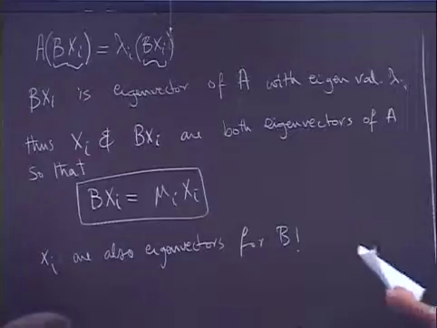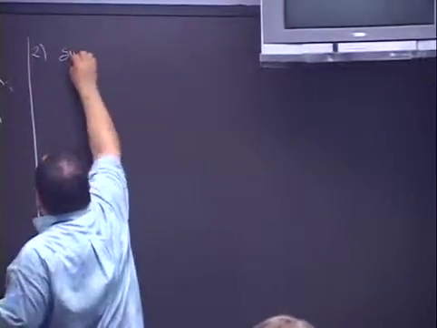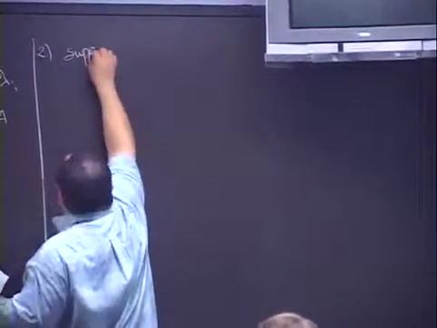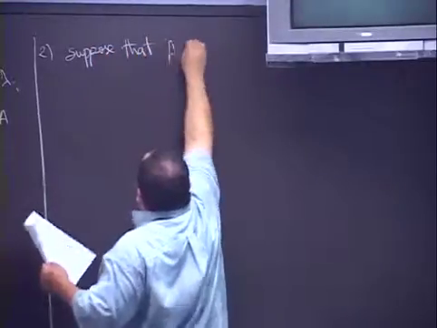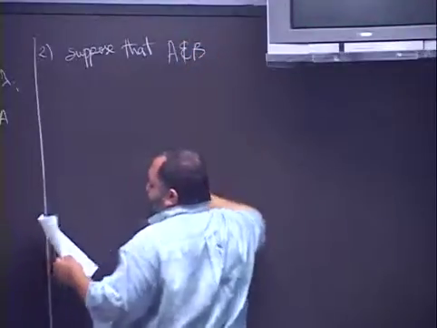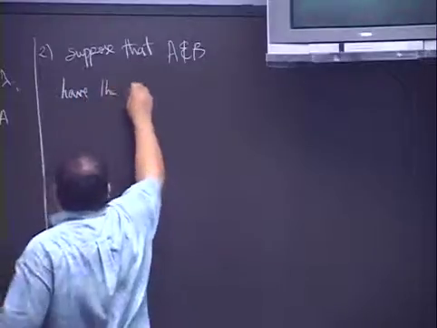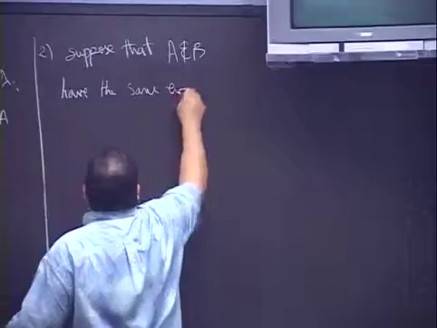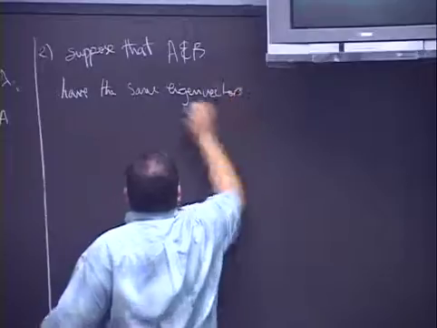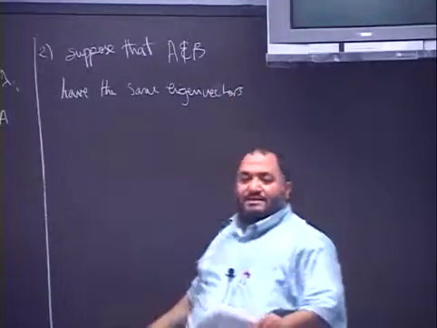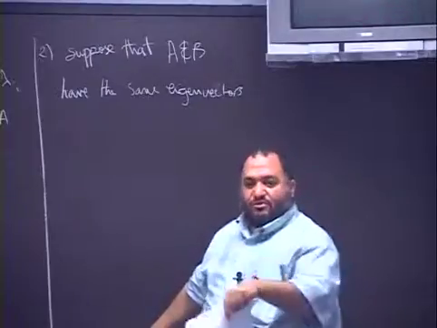Now, the second part. Suppose that A and B have the same eigenvectors. In the first part, we stated that for A and B to have the same eigenvectors, they have to commute.